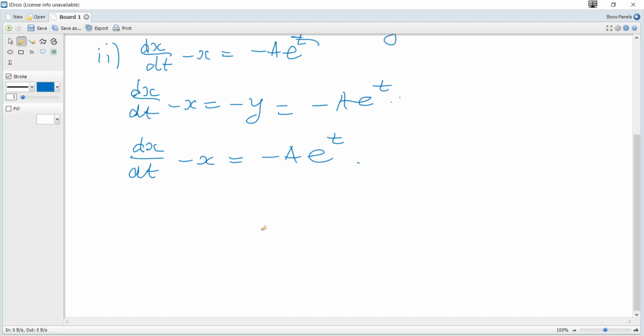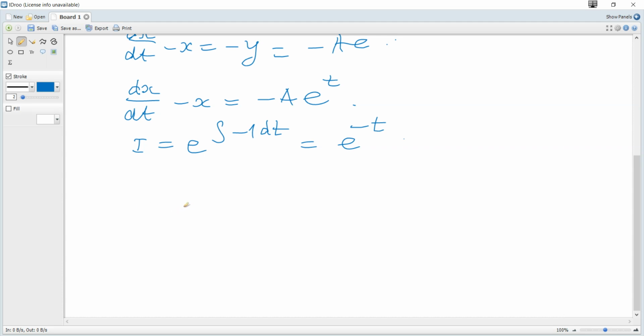We need to find an integrating factor firstly, and the formula is given in the data booklet. It is equal to e to the power of the integral of the expression in front of x, which is −1 dt, so it's e^(−t).